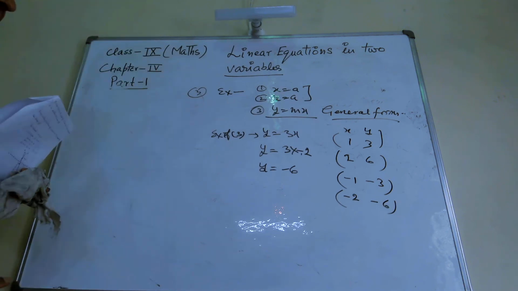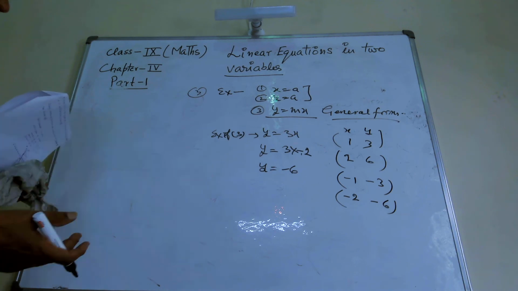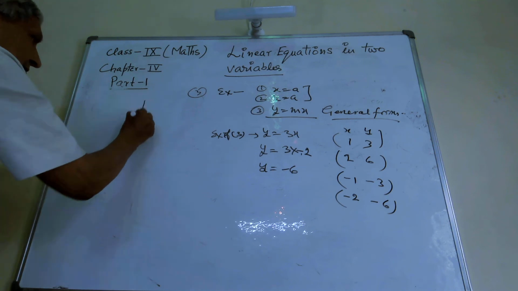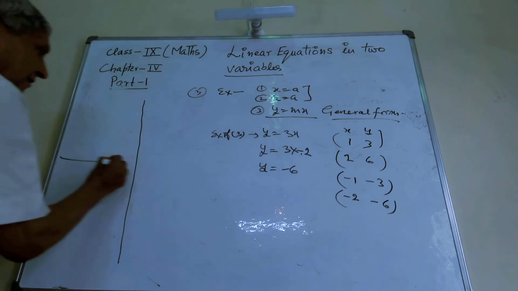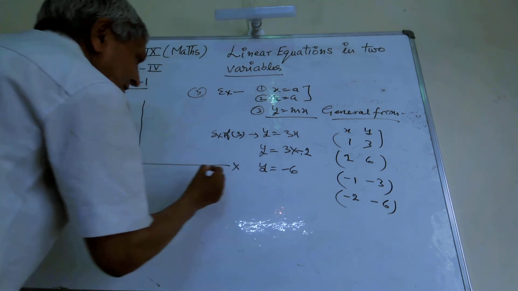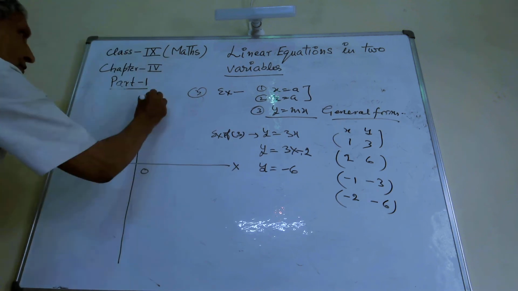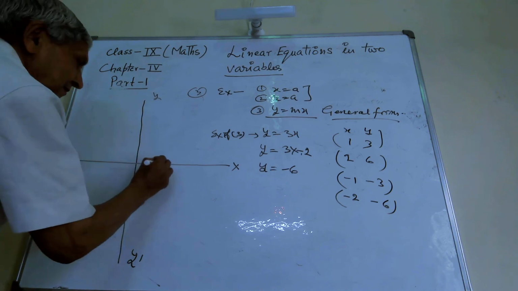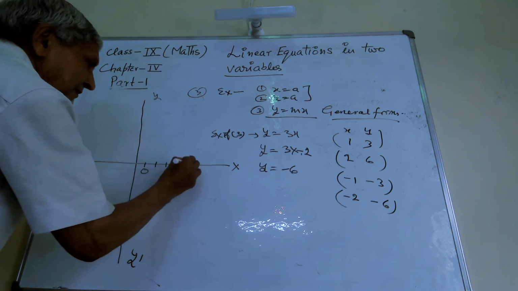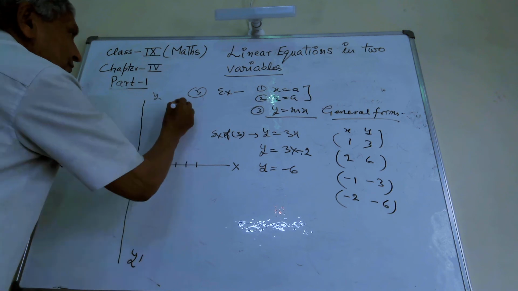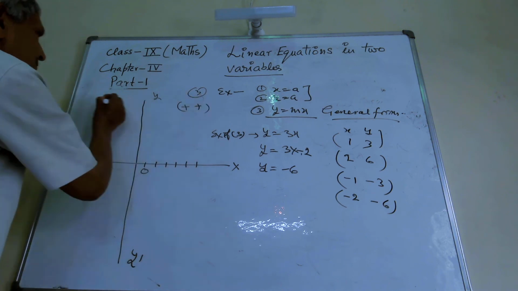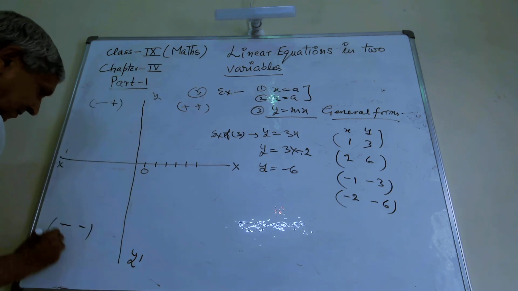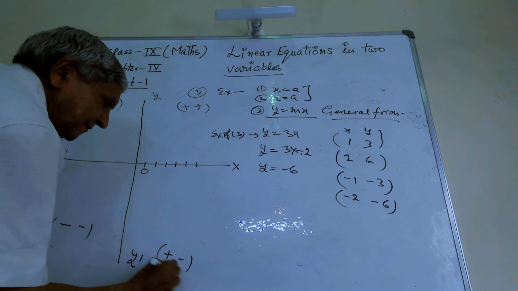So now we will see in the graph the position of this line. Again, I am drawing a graph with XOX dash and YOY dash. I have drawn it so many times. I think you know plus, plus, minus, plus, minus, minus, and plus, minus.